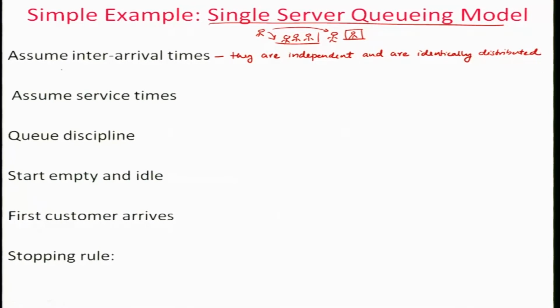Typically, we call it IID, independent and identically distributed random variables. We will soon have a lecture on probability specific to simulation systems. But as of now, assume this about all the inter-arrival times, the times between arrivals.